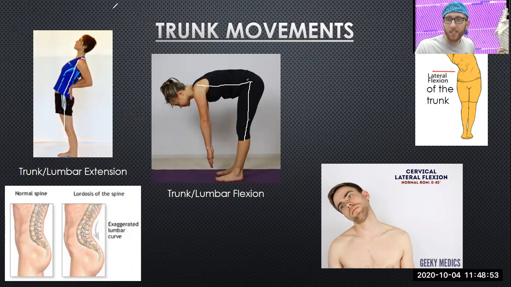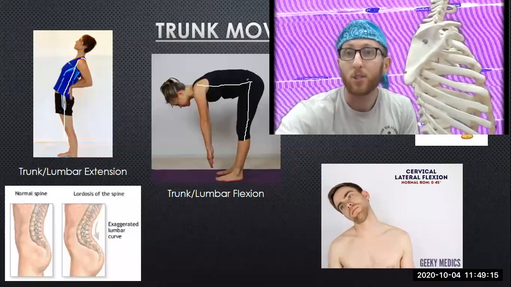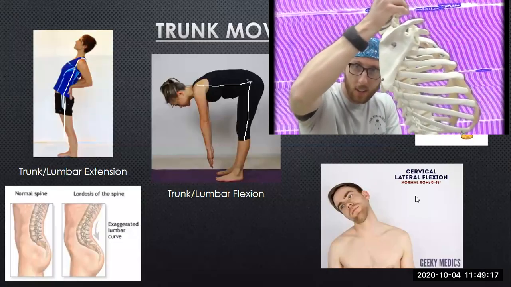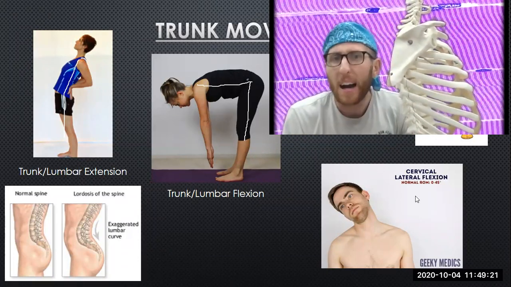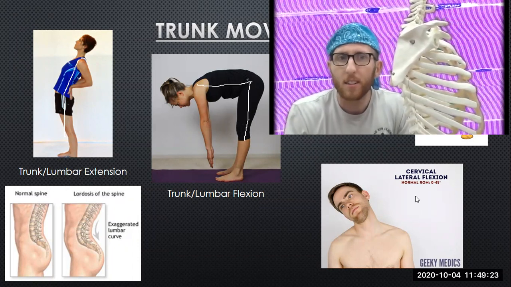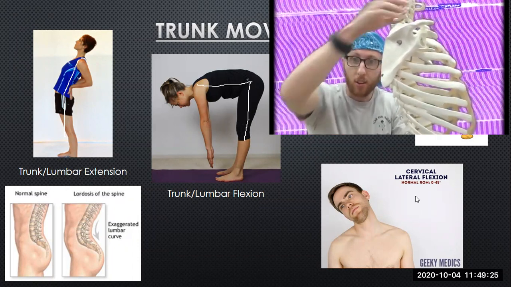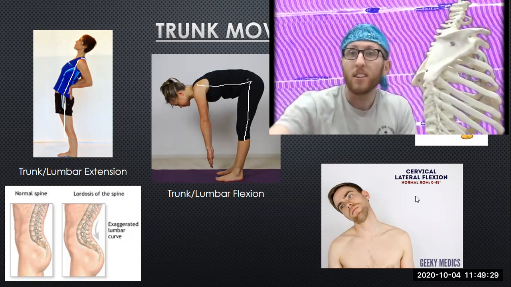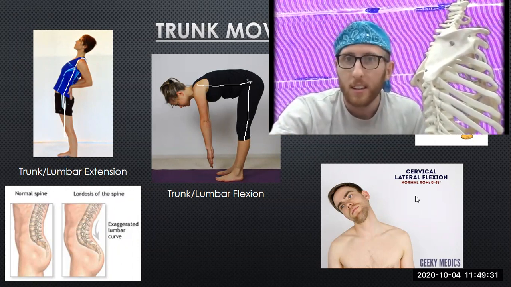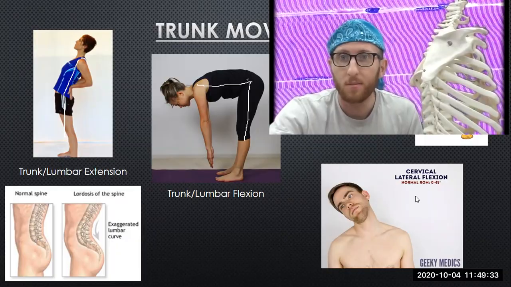If I do it on the skeleton here, real quick, I've got trunk extension as that motion, or you could call it back extension or lumbar extension, as well as trunk flexion, flexing the trunk forward into the anterior direction.